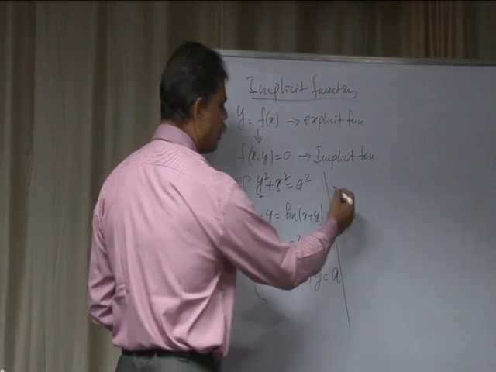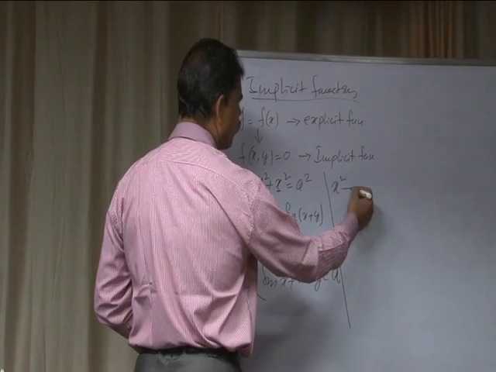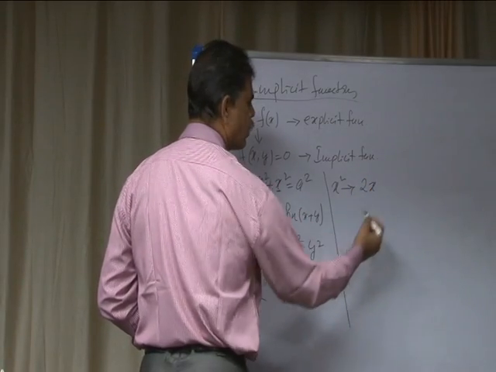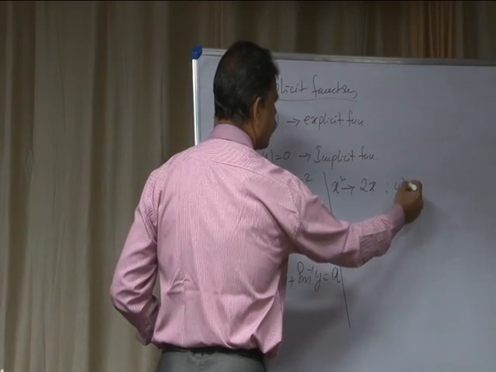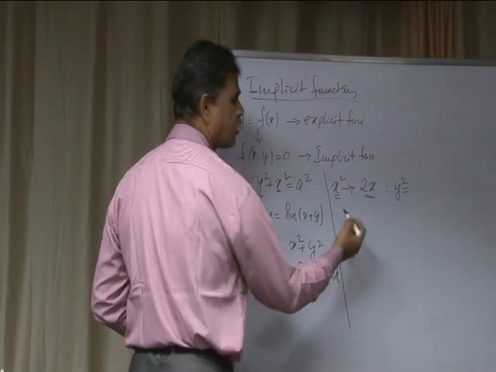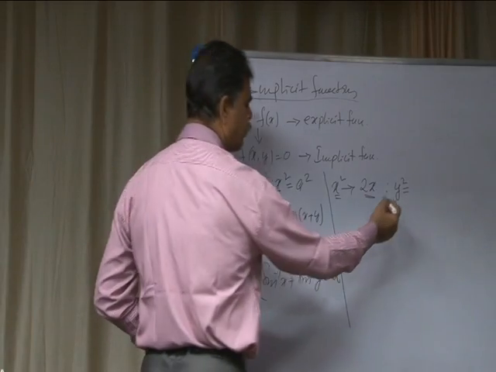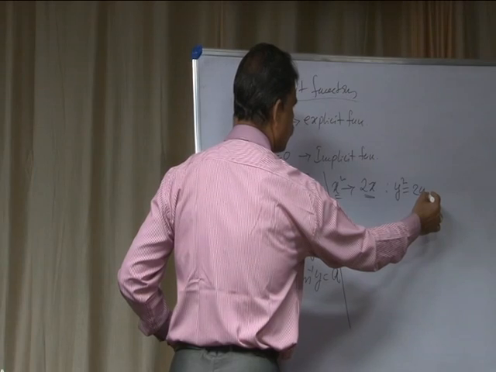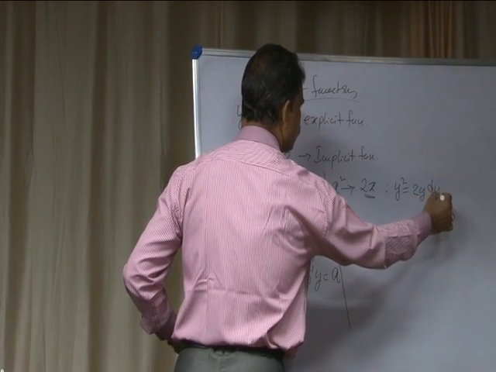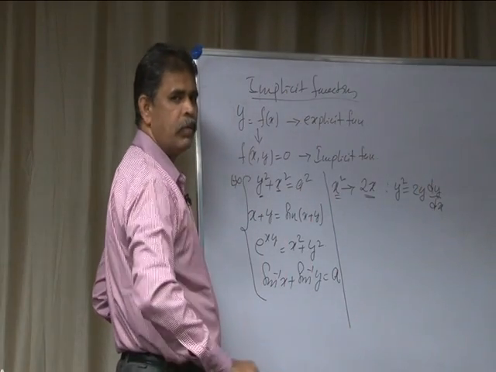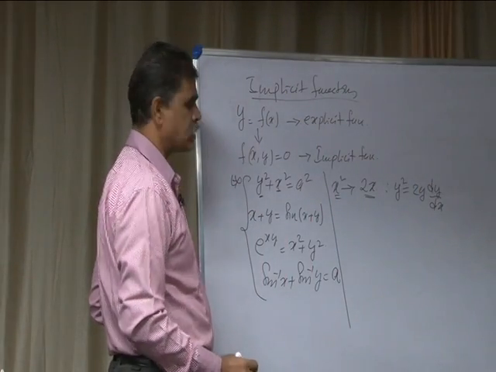Suppose there is x square, whose derivative is 2x. For y square, we have to write 2y, but at the end we have to write dy by dx, because y is expressed in terms of x.